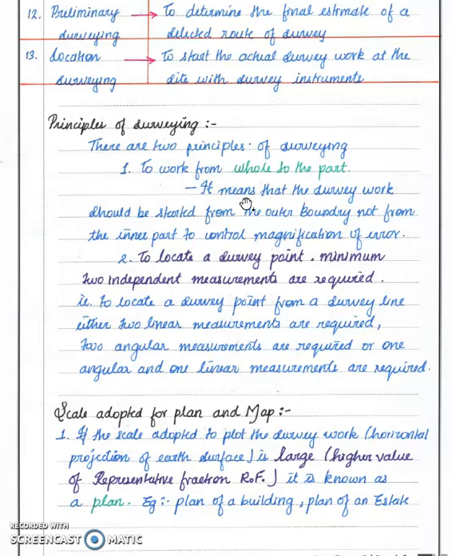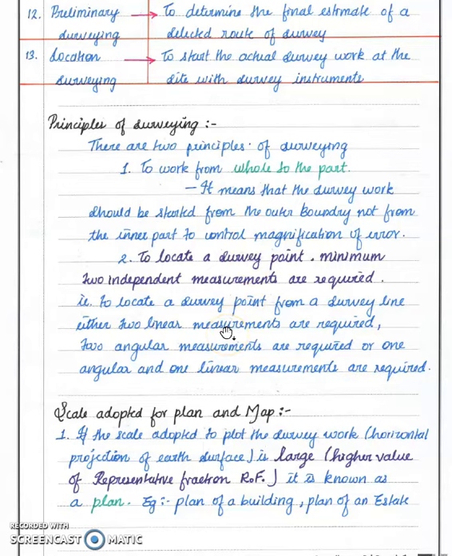In order to avoid the errors, we have to work from whole to part. The given area must be divided into smaller triangles. We should start from the whole area to smaller areas, to avoid the accumulation of errors. If you work from part to whole, you will get errors. To avoid the errors, we have to work from whole to part. This is the first principle.